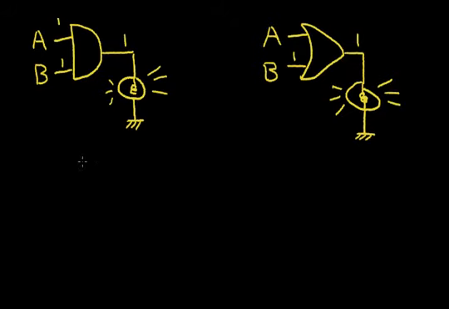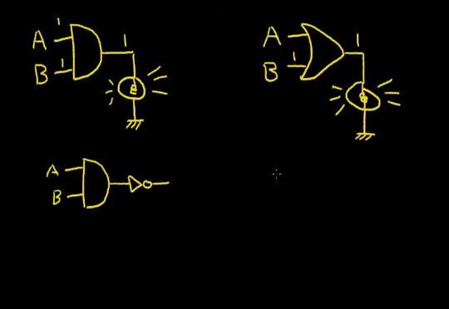If we take this AND function with our input A and our input B, and we add an inverter to the output, we end up with what is called a NAND gate.